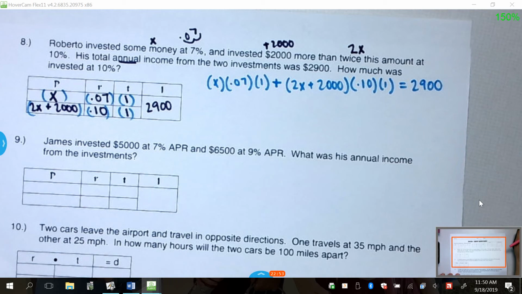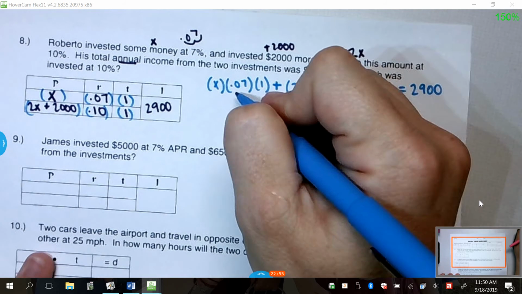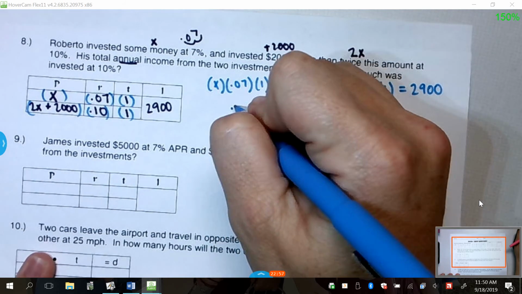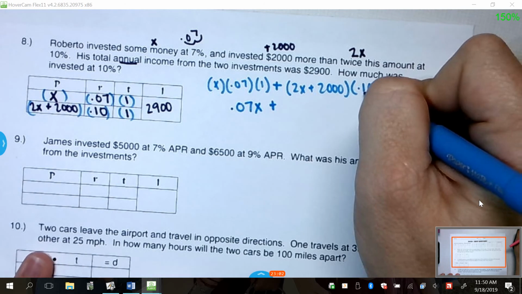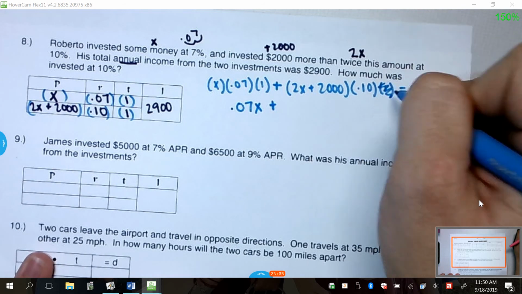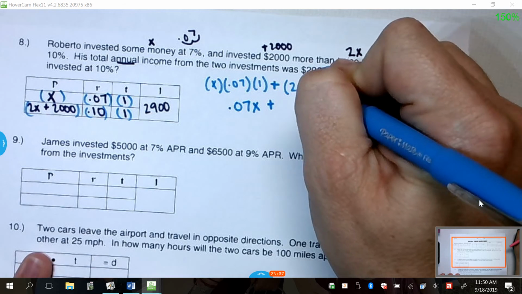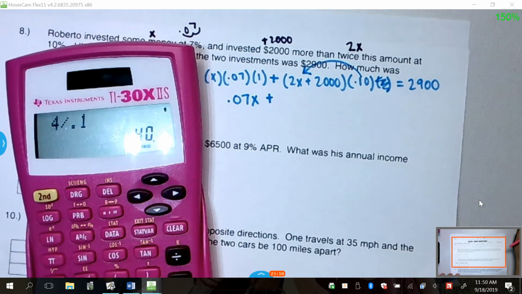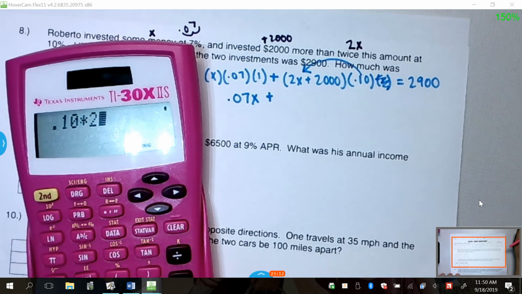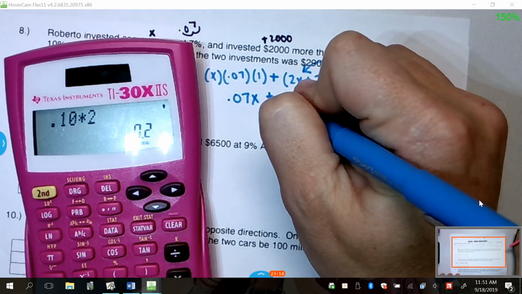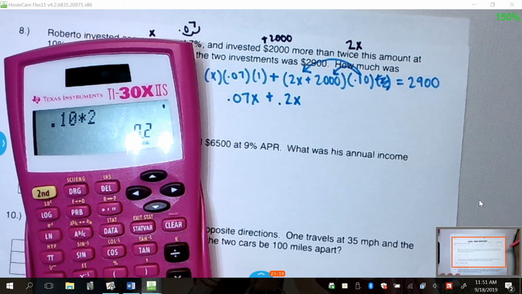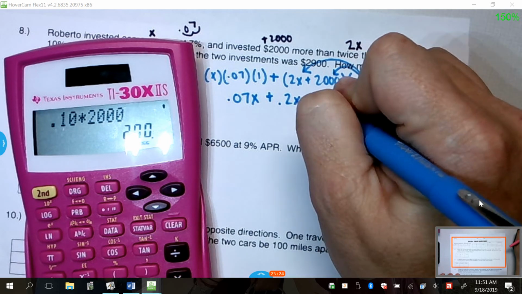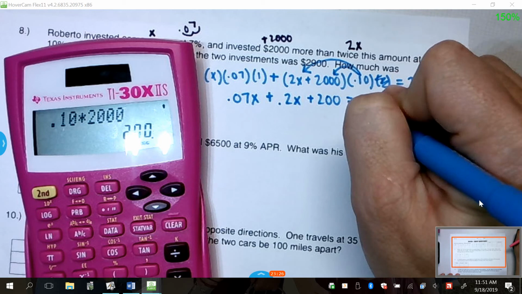Now we're going to simplify our terms. 0.07 times 1 times x is just 0.07x, plus, so this is where we have to distribute. 0.10 times 1 is 0.10, so I'm going to cross this out so we don't get confused. 0.10 times 2x is 0.2x. And then 0.10 times 2,000 is 200, so plus 200 equals 2,900.